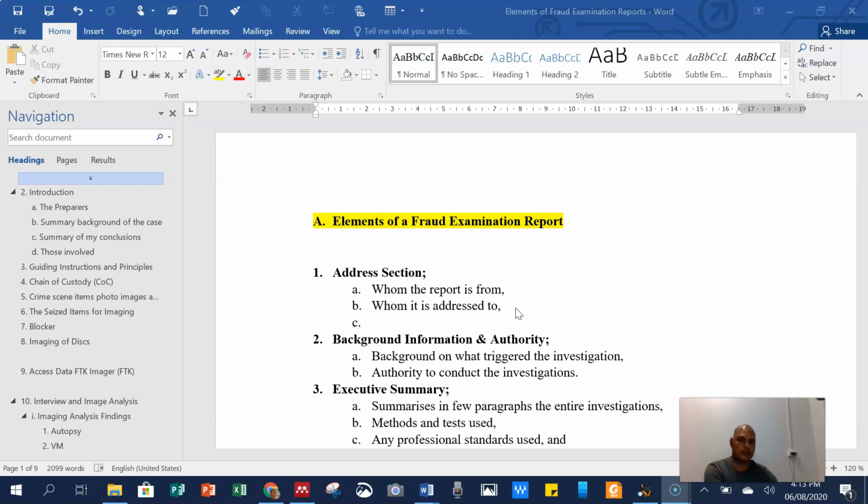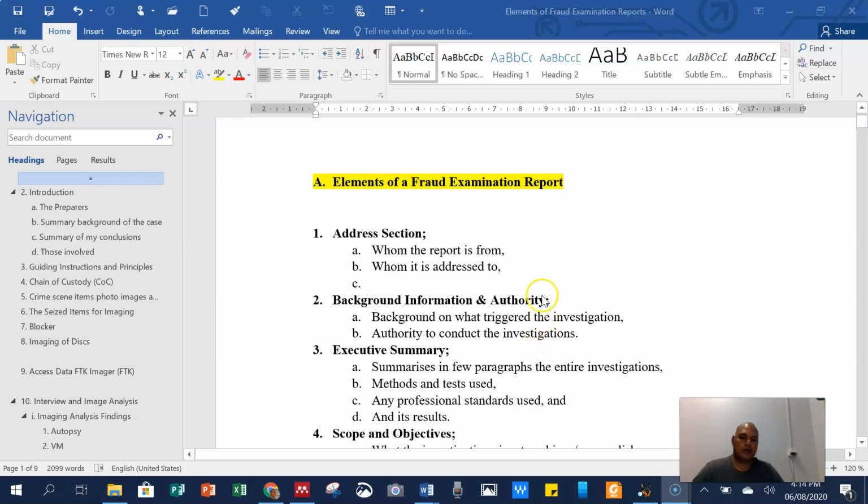But before doing that, let's talk about the elements of a fraud examination report. Remember what I've just discussed, I always put the references, so at the end of my presentation, I have the references attached. So here, a fraud examination report is basically a report that forensic accountants compile.